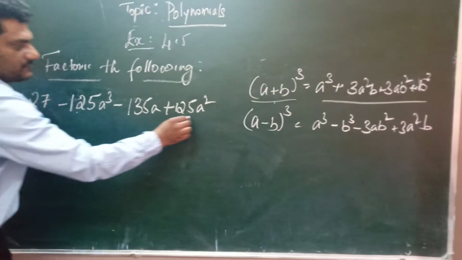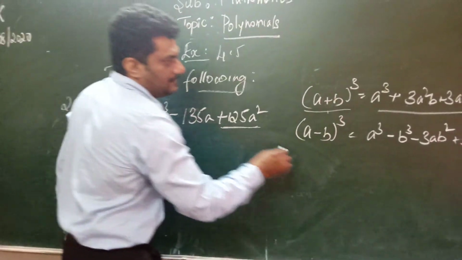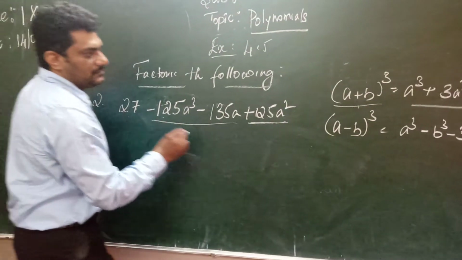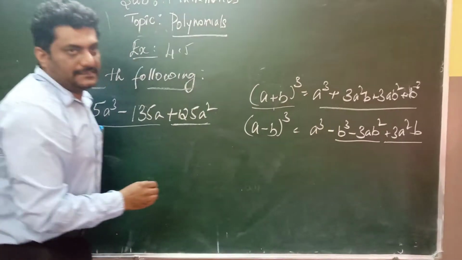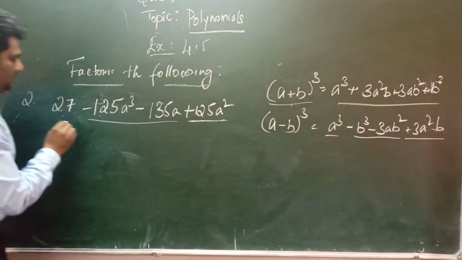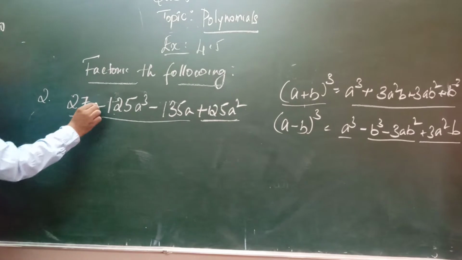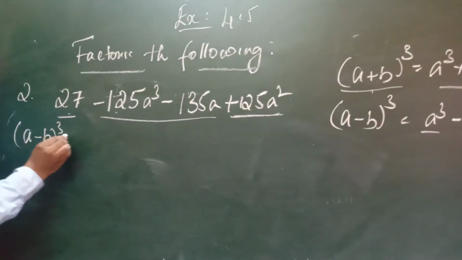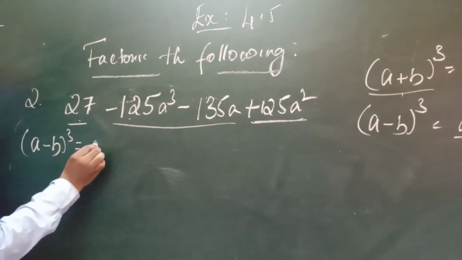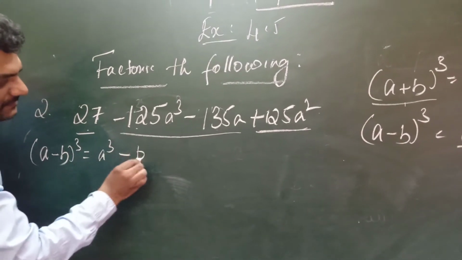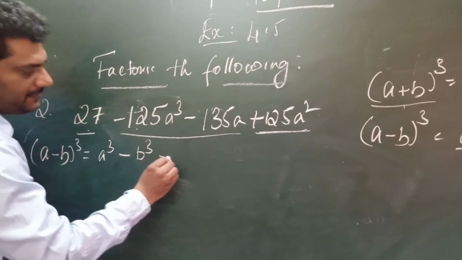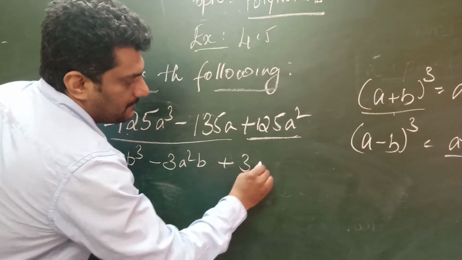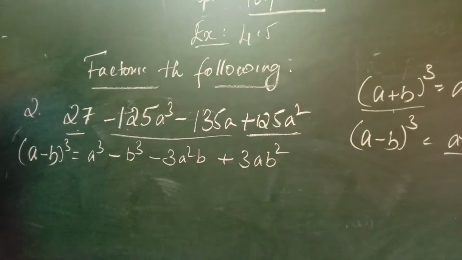Now here if you see, these two terms I have two negative signs, and this I have positive sign. So you are writing this identity as a cube minus b cube minus 3a square b plus 3ab square.